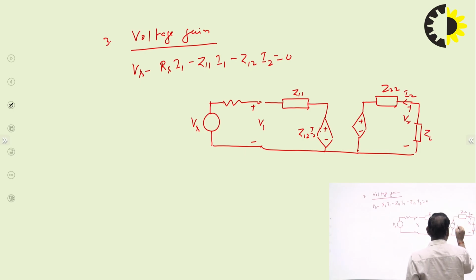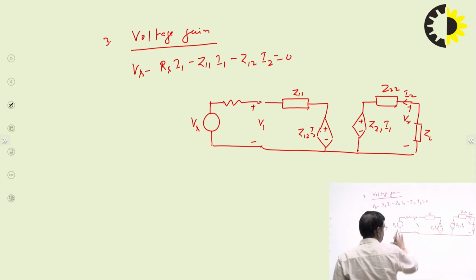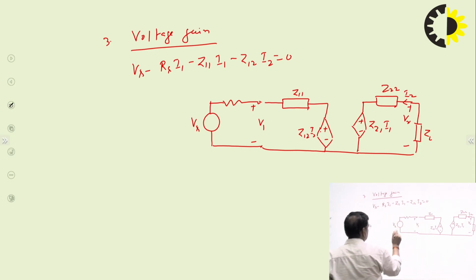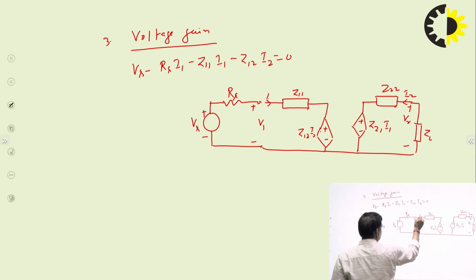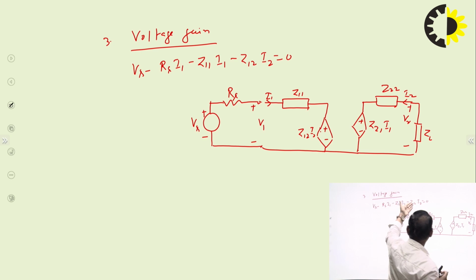This is Z21 I1. So from this, if you apply Kirchhoff's voltage law, so this is your plus minus. Minus to plus, Vs minus, this is your Rs, this is your I1. Minus I1 Rs, then minus Z11 I1 minus Z12 I2 equal to 0.